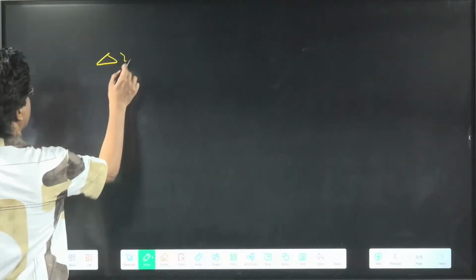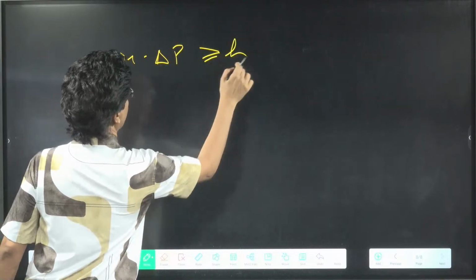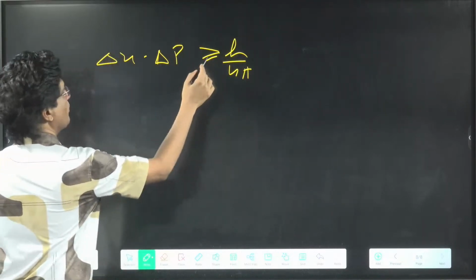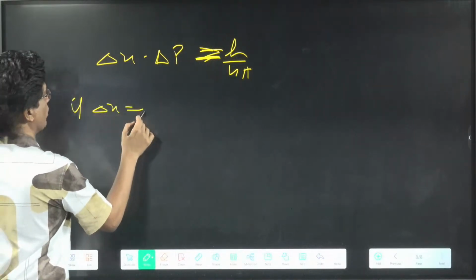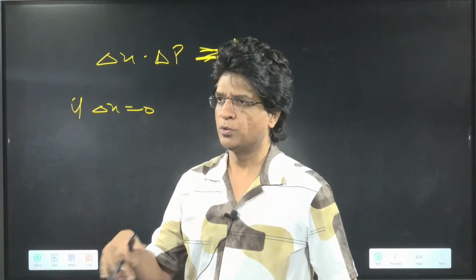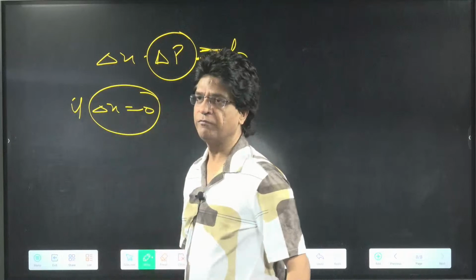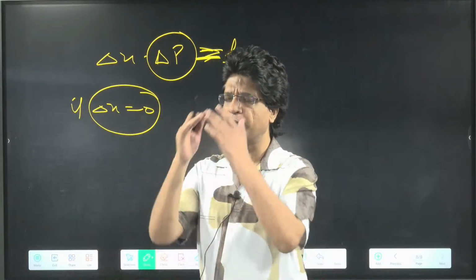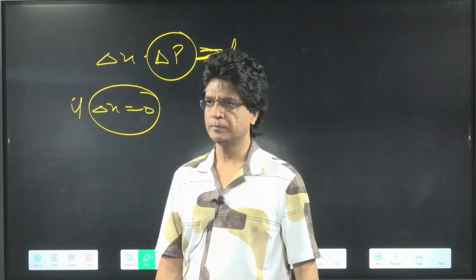See, boys and girls, delta x into delta p is more than or equal to h upon 4 pi. So if I go with the equality sign, if delta x is 0, that means uncertainty in the position is 0. So can I say that uncertainty in the momentum will be infinity? I will have no idea of the value of momentum.